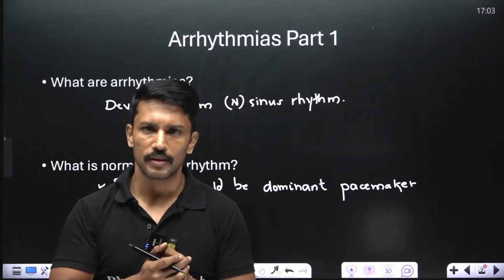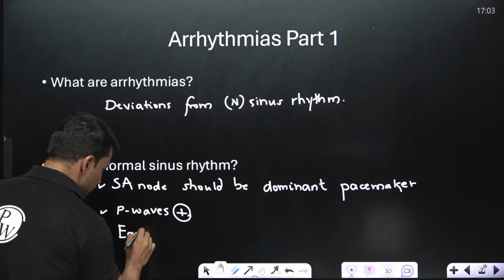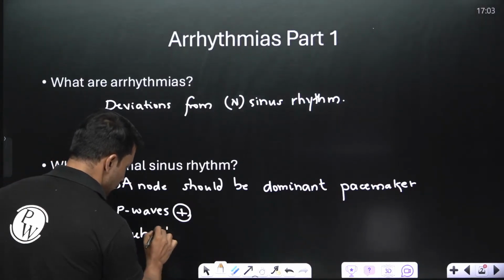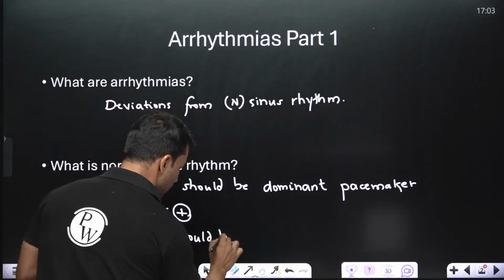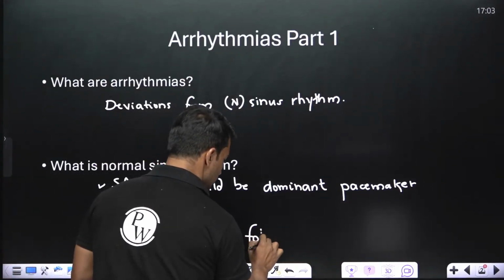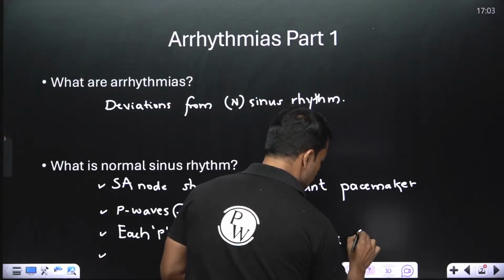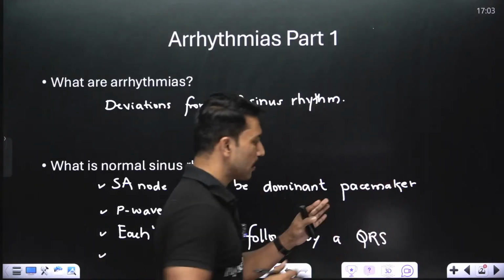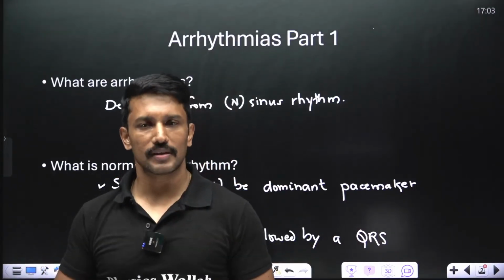Okay. Now, if the P wave is there, then the ventricle will follow with QRS, right? Each P wave should be followed by a QRS complex, and the vice versa is also true. If I get an ECG, I catch hold of one QRS.